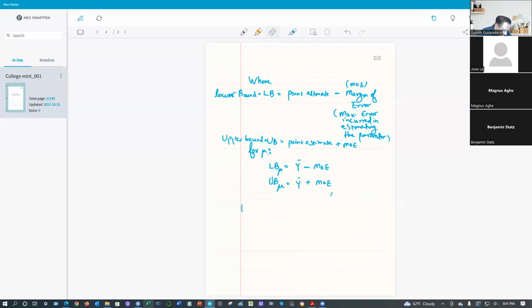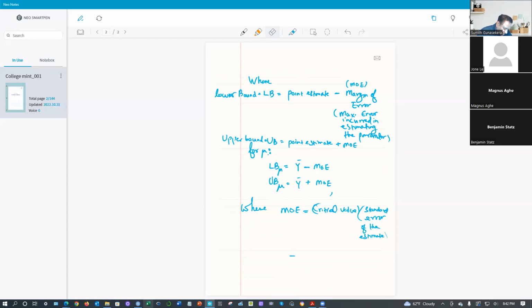Again, margin of error is nothing but critical value times standard error of the estimate.